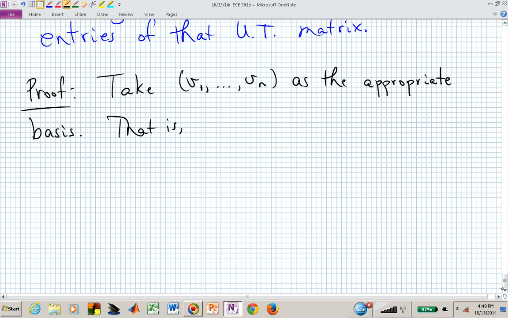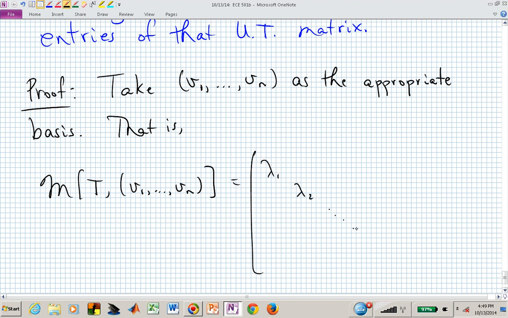That is, the matrix representation of T using that basis produces an upper triangular matrix.